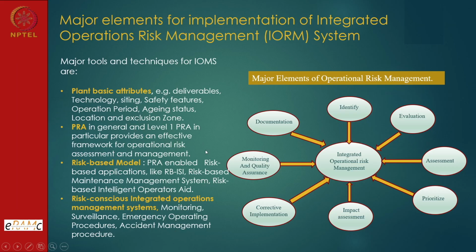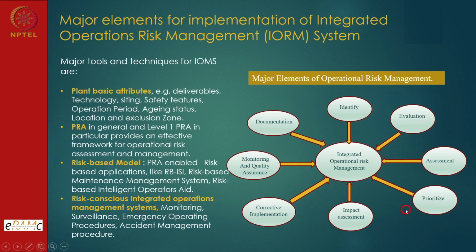So now if I have to talk about the major elements, the major elements of integrated operation risk management start with identify. Identify means develop a definition of what you want, and then evaluate it. It could be quantitative or qualitative, and once you evaluate at one level, a complete assessment has to be done considering various parameters.